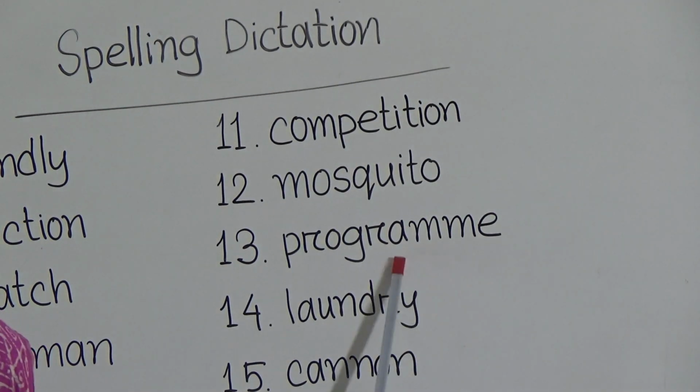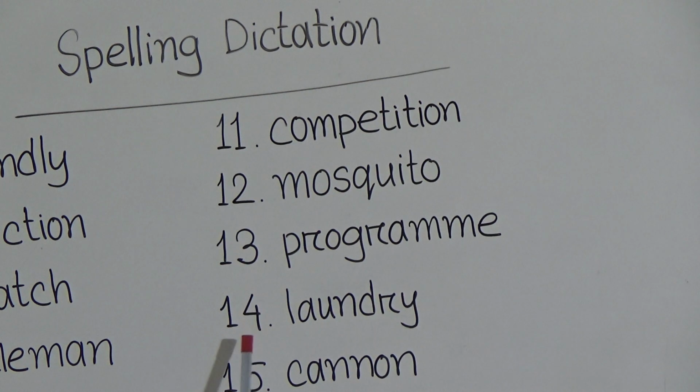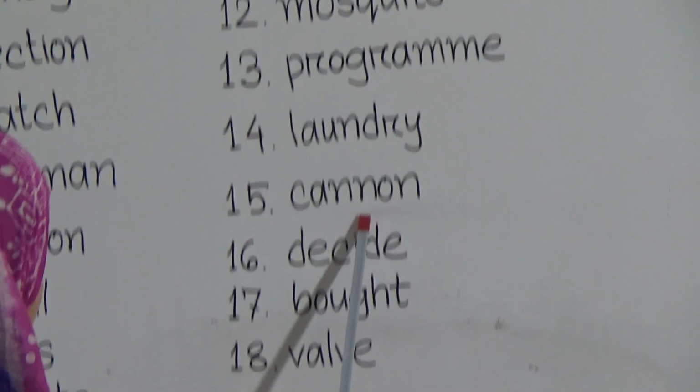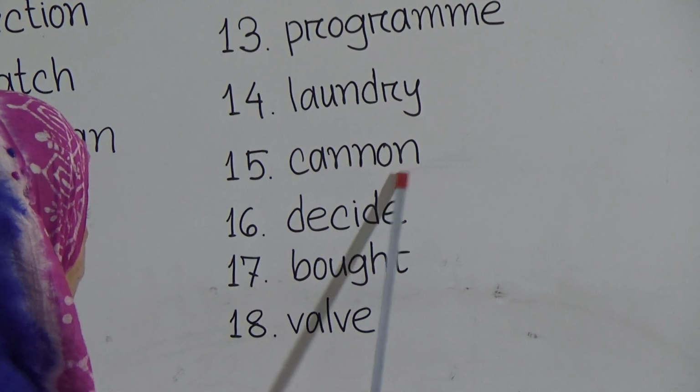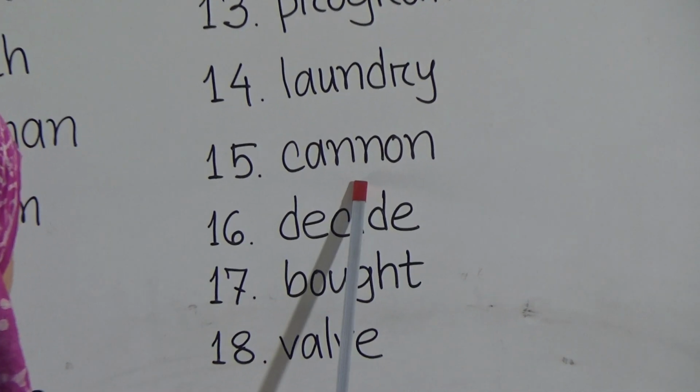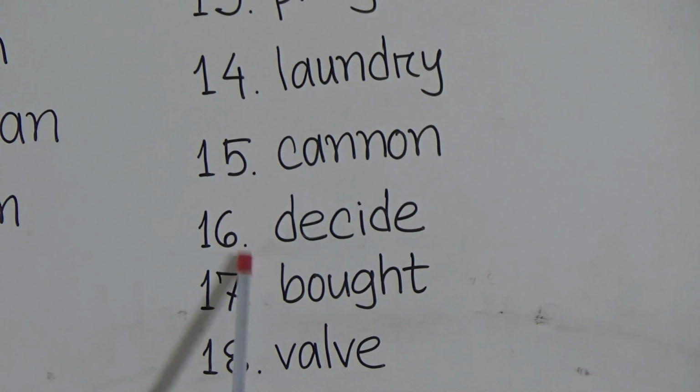Number 13, program. P-R-O-G-R-A-M-M-E. Program. Number 14, laundry. L-A-U-N-D-R-Y. Laundry. Number 15, canon. C-A-N-N-O-N. Canon. Number 16, decide.